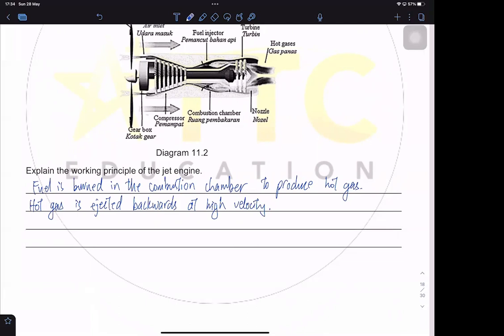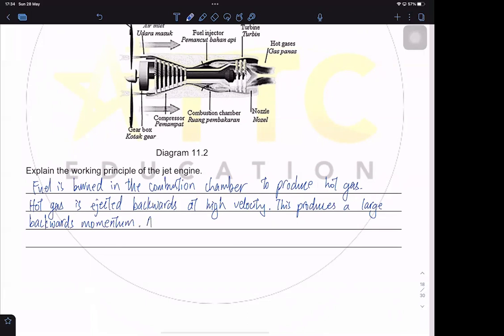Hot gas is ejected backwards at high velocity. This produces a large momentum, but in what direction? In the backwards direction, because it's moving backwards. This produces a large backwards momentum.